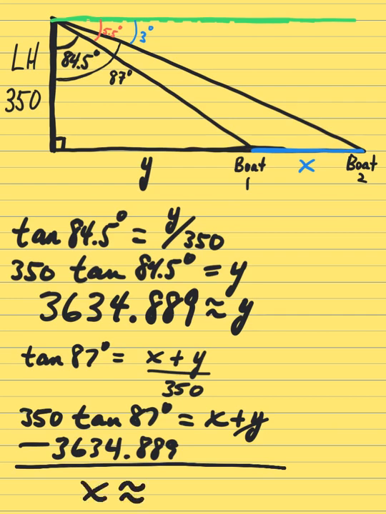Okay, be careful typing this in. 350 tan 87, close parentheses, minus 3634.889.